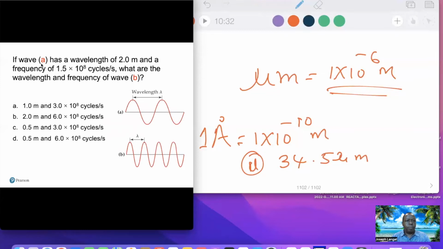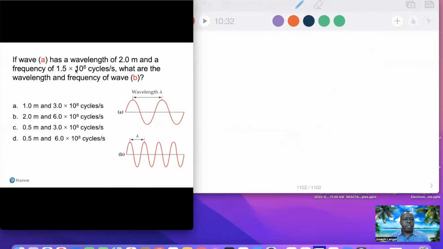This is a learning check. If wave A has a wavelength of 2.0 meters and a frequency of 1.5 times 10 to +8 cycles per second, this is the same as 1.5 times 10 to 8 hertz, or 1.5 times 10 to 8 per second.